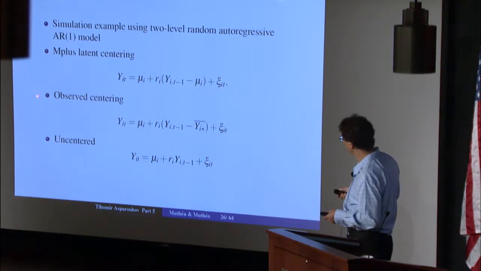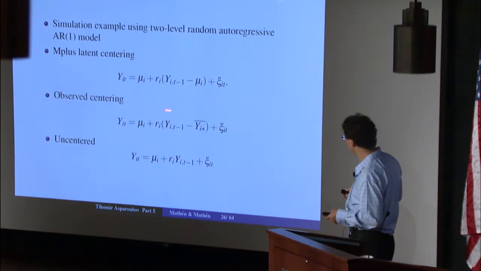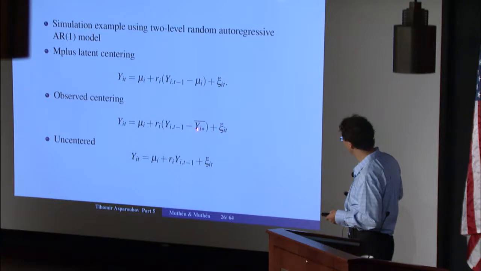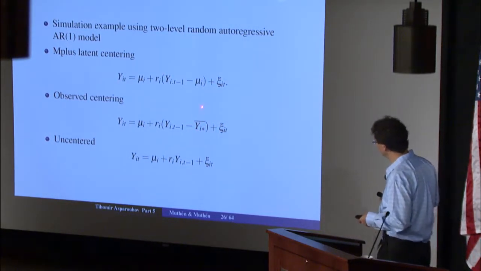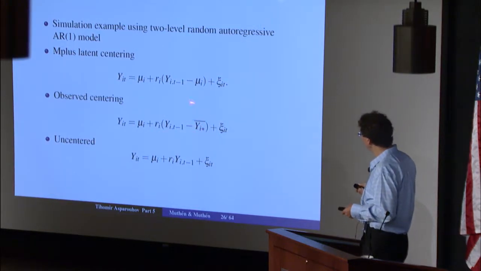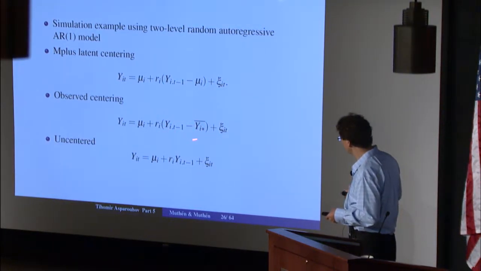In the past, because estimating such a model was not possible, what people used to do is replace this latent mean with the observed mean, using the sample mean for that variable, and produce this centered quantity.